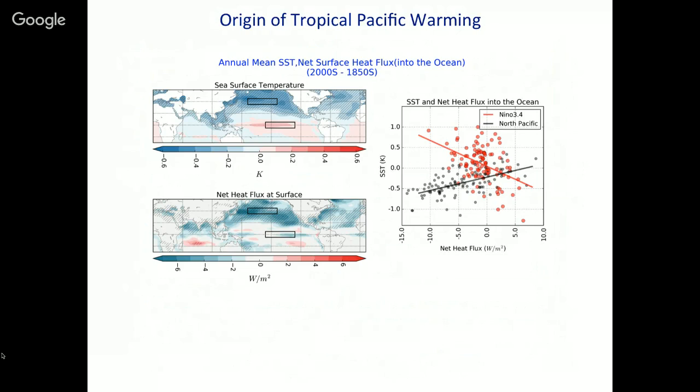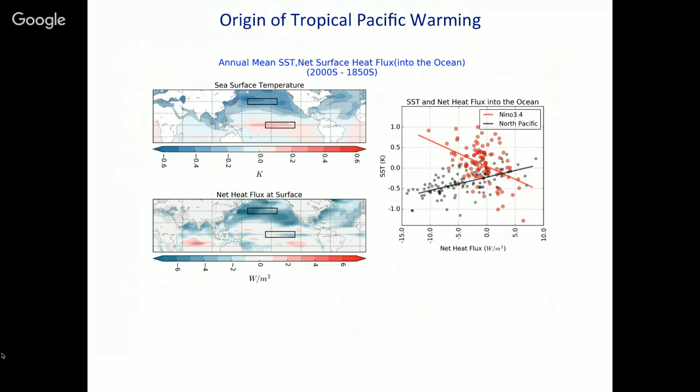Over this box, over the tropics, however, the signal is not very clear. So I have averaged over these two boxes and made an index of annual mean sea surface temperature, as well as annual mean net heat flux at the surface, and made a correlation between that and the net heat flux.